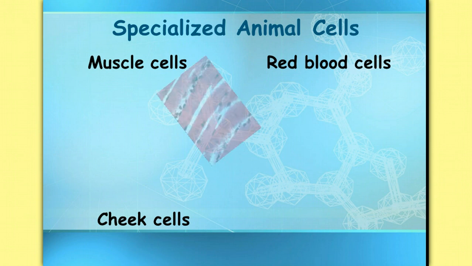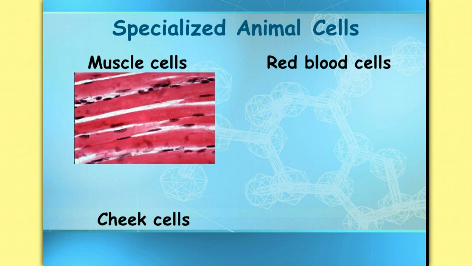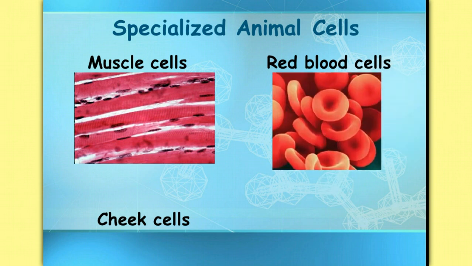Now, there are different specialized cells in animals. So muscle cells are very, very distinct in their shape because of the performance that they do for us. Because they contract and they stretch, they have to be long. Now, red blood cells are the cells that people usually refer to as donut shaped. They have that little kind of indentation or cup, and that's where they actually hold the oxygen, and that's how they carry it.